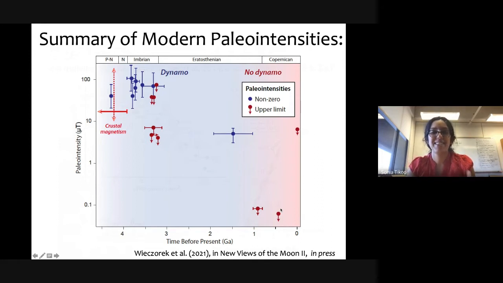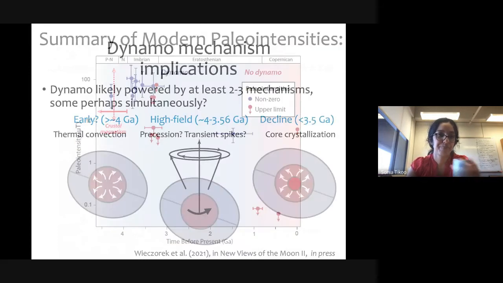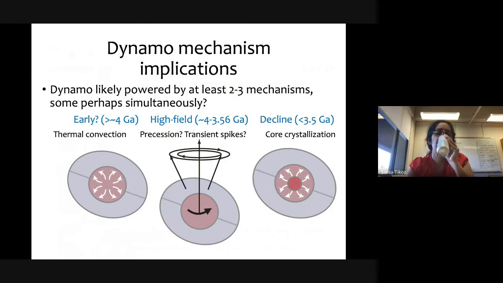So now we have to make sense of what this paleointensity record actually means for lunar evolution. This pattern tells us, I think, that the lunar dynamo may have been powered by at least 2 or 3 different mechanisms that operated perhaps at different times or perhaps simultaneously.